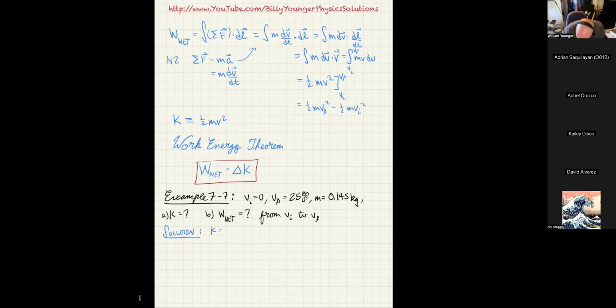Kinetic energy is defined to be 1/2 mv squared. The work energy theorem says that W net is equal to the change in kinetic energy. And of course, the change in kinetic energy is K final minus K initial. And remember that delta, that triangle that I drew here, always means final minus initial unless we explicitly tell you otherwise.